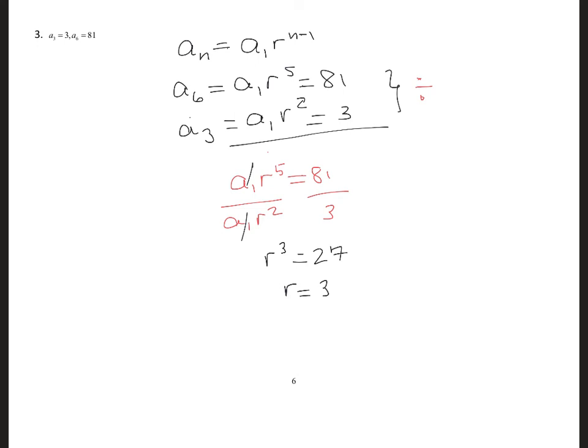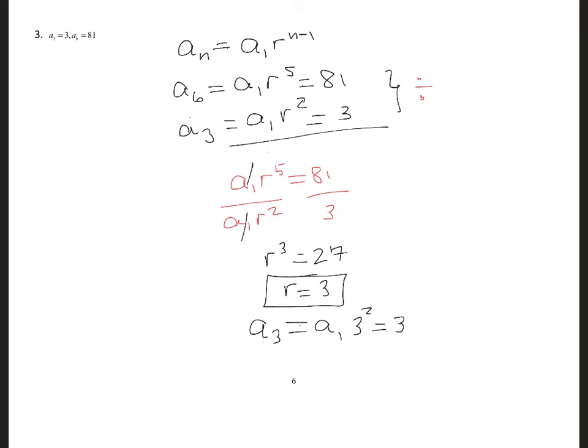And when I know the common ratio, I can find the first term. So I'll go to the third term and use it to find the first term. So write the first term times r squared is 3. And then the third term, 3 squared, should give me 3.